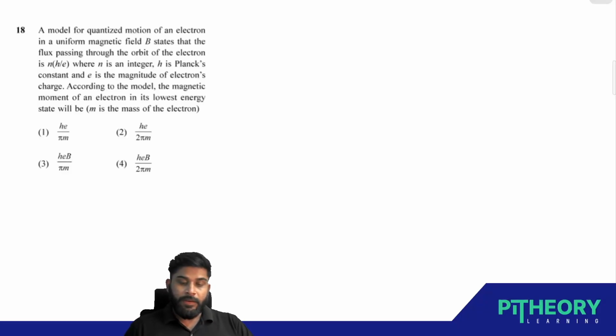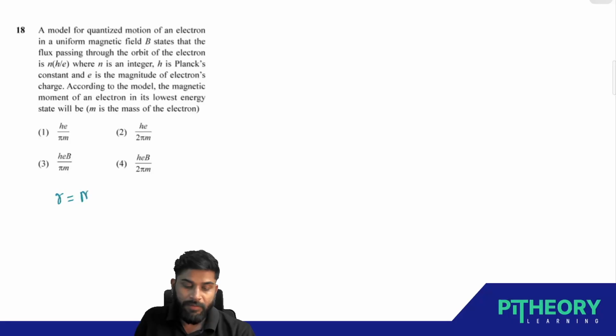Right. So here, we have a uniform magnetic field and the electron is moving in it. Motion of an electron in a uniform magnetic field. Suppose this electron is moving perpendicular to the field, or in a general case, take the perpendicular component of the field as B. We have the radius relation, R is equal to mv by qB.